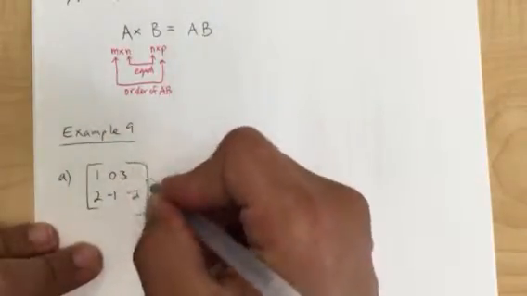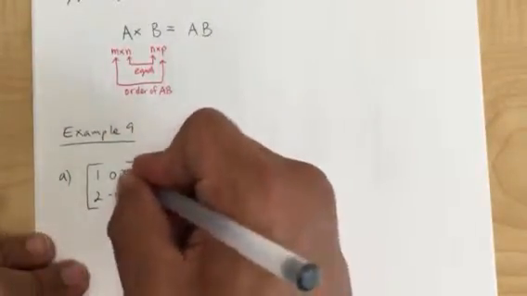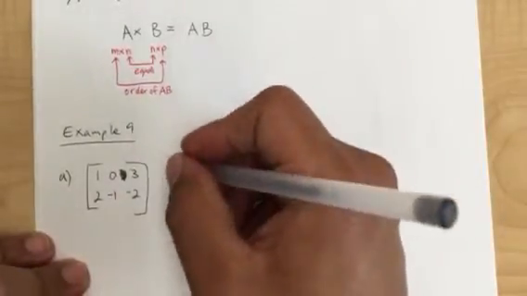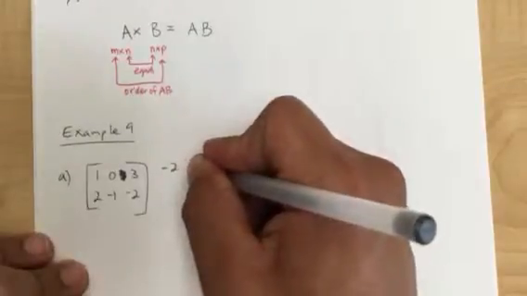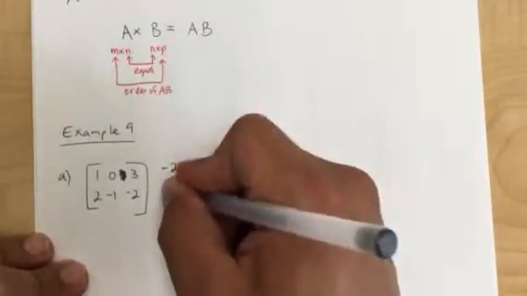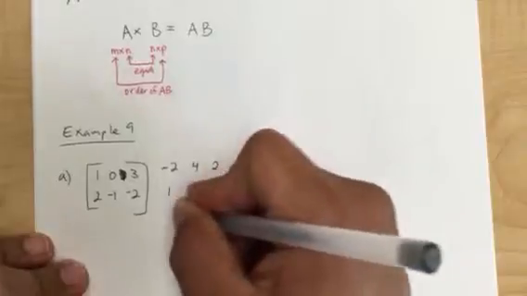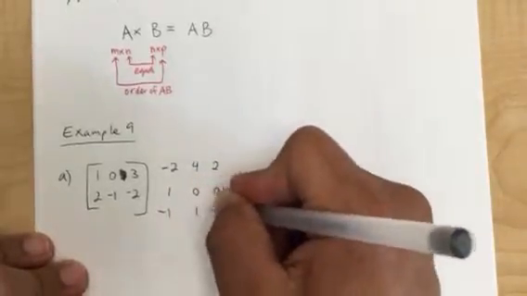This 3 should be a little bit farther to the right, right here. Then this is being multiplied times negative 2, 4, 2, 1, 0, 0, negative 1, 1, negative 1.